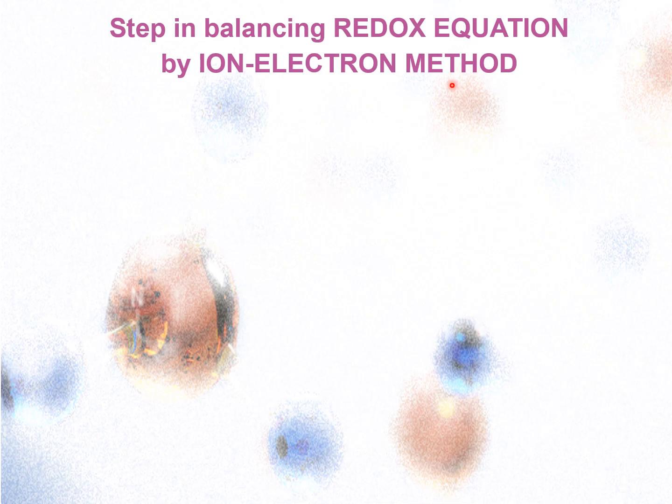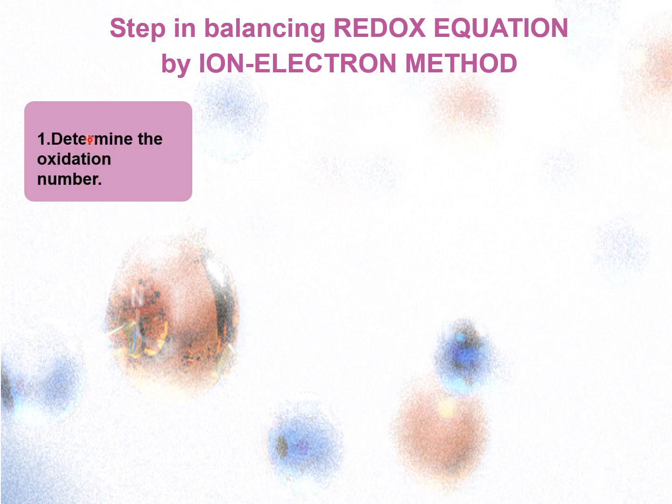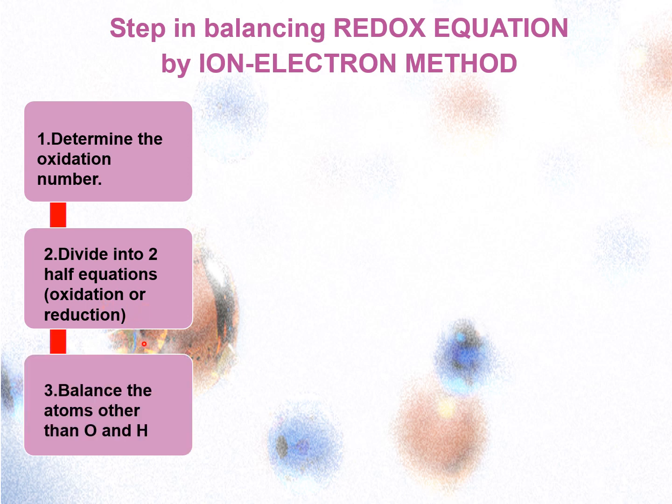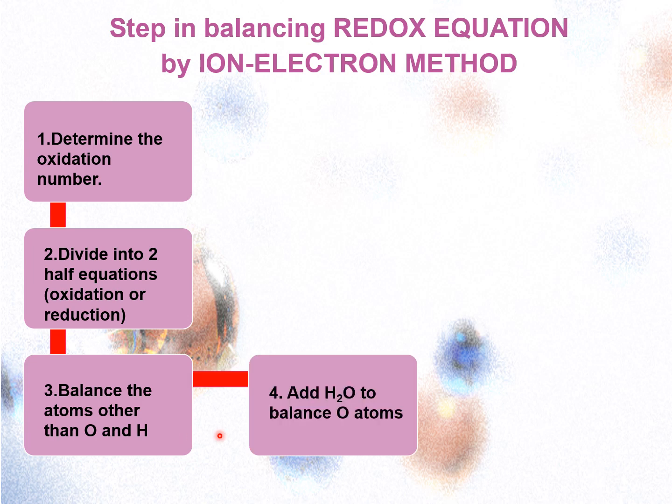So, madam dah ringkaskan the flow for balancing redox equation by using the ion electron method. First step, student need to determine the oxidation number. Next, divide into two half equations, whether the reaction undergoes oxidation or reduction. Third step, balance the atoms other than oxygen and hydrogen.